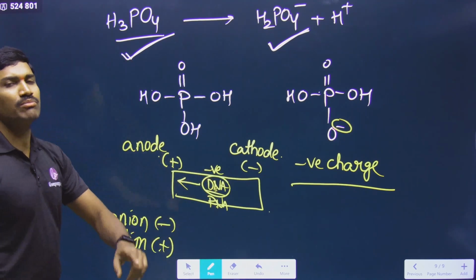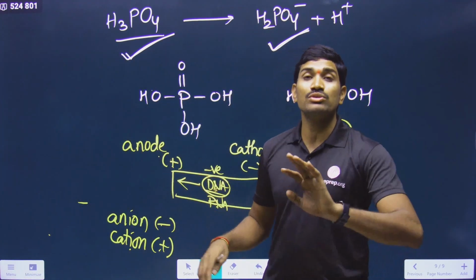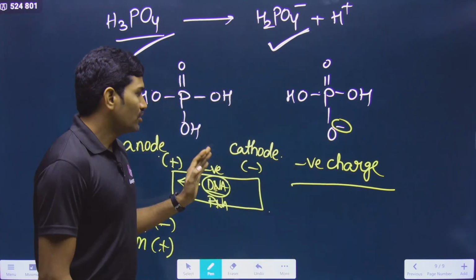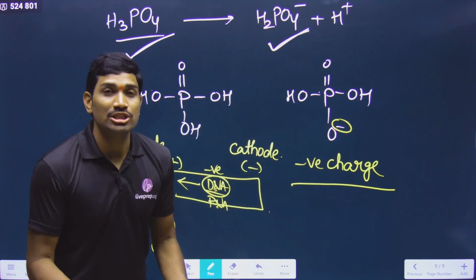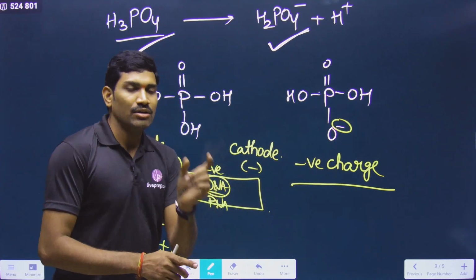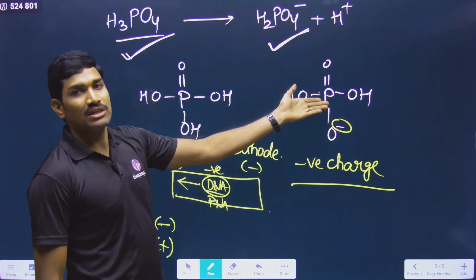This is the most important feature that you need to understand, and this logic is used in biotechnology. In that chapter we will study this separately. So please understand, DNA and RNA are negatively charged molecules, and how they are getting the negative charge. DNA and RNA are polymers of nucleotides. In every nucleotide, one phosphate is there, right?